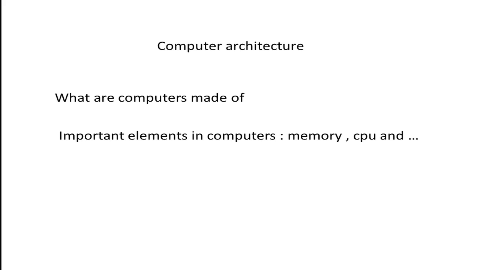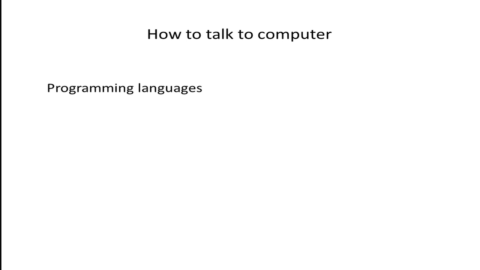Also, you should know about the important elements in computers, memory, CPU, and so on, and how these different components like RAM, CPU, and so on connect to each other to complete a task. So after that, we have some knowledge about networking and computer architecture, and we know what to do. We know how to secure, or actually use a security issue to exploit, or do any kind of penetration testing.